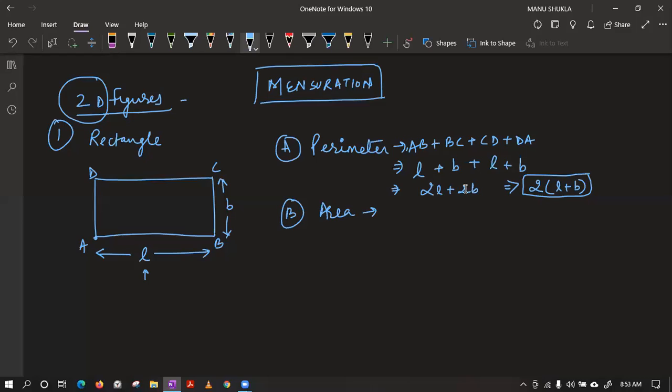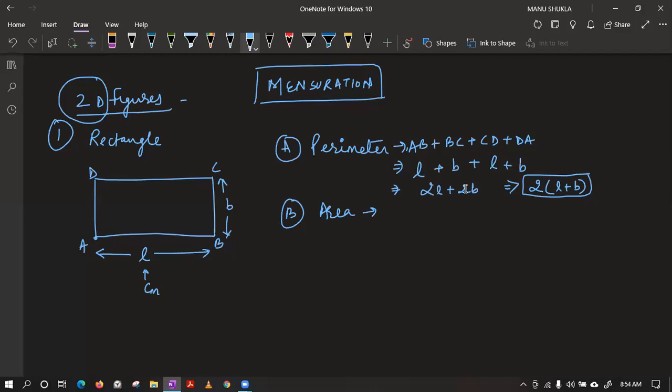So whatever table you are having, whatever thing you are having at your home, if you want to find the perimeter, you just need to add all the sides. The measurement of all sides you have to add. Now tell me, if the unit of length and breadth is centimeters, what will be the unit of perimeter?